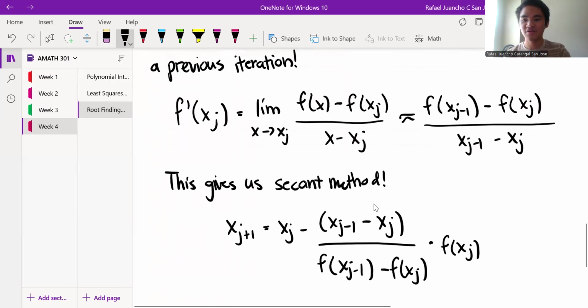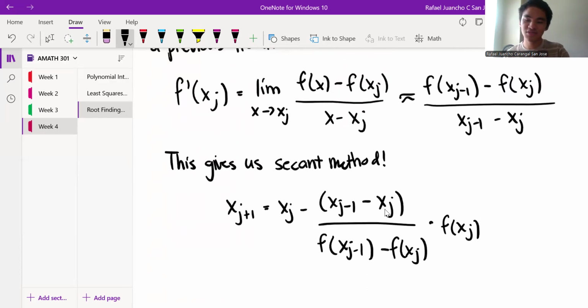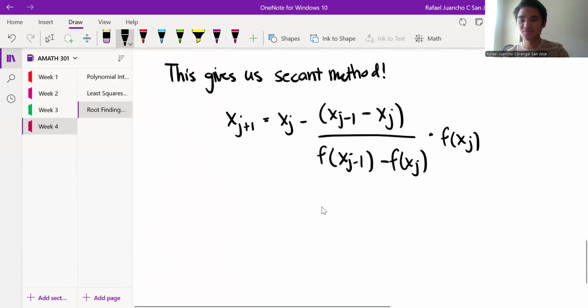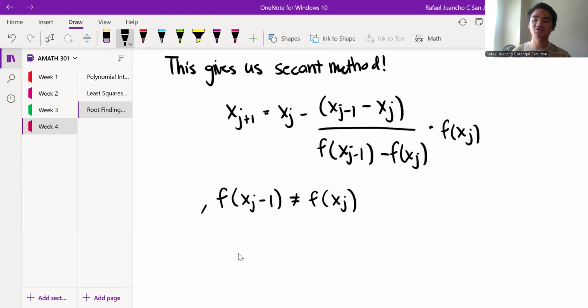So we completely replaced the derivative with this. And here we have a condition, obviously. The only condition is that my f of xj minus 1 should not be equal to f of xj, because if they are equal, then it would be undefined again.